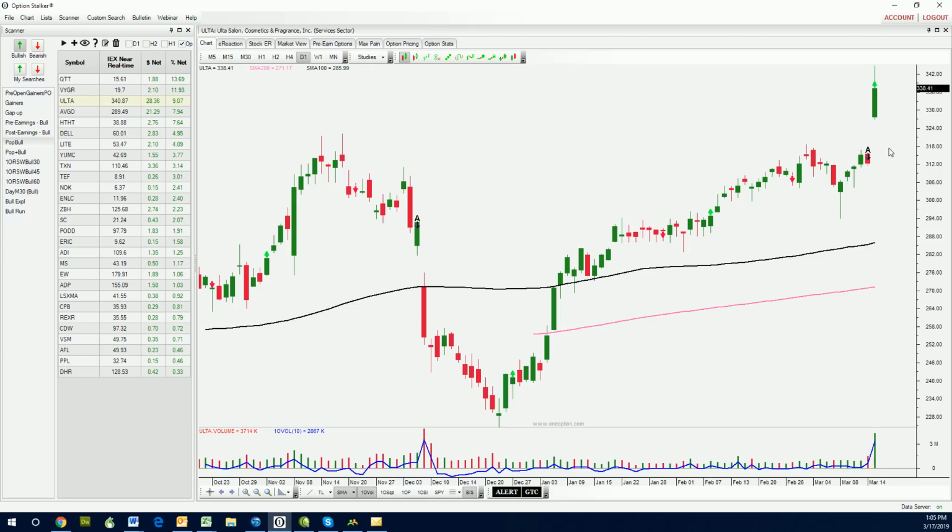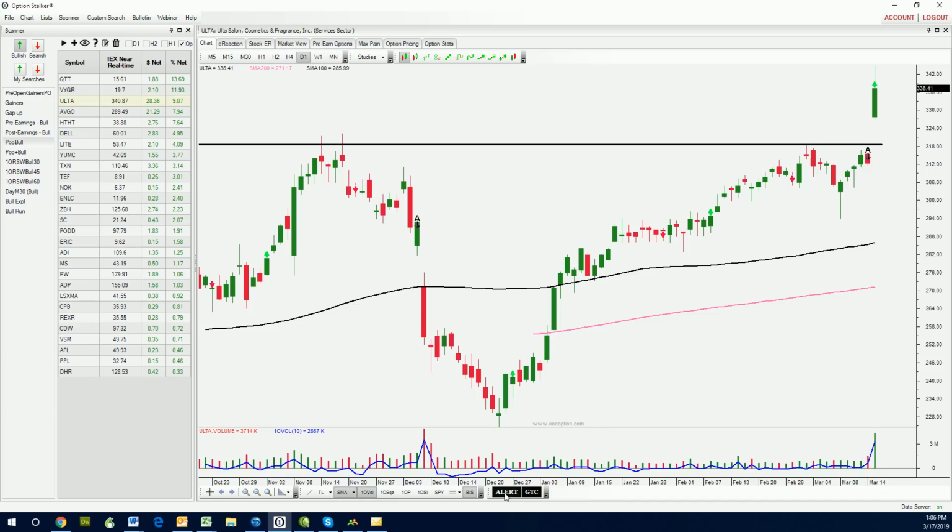We don't want it to come into the gap because then it has a chance of retracing all the way back to this breakout. So I'm going to put a GTC alert right here just above that breakout. In the event that someday the stock comes back to that level, I might be interested in buying it because if it finds support there, that next leg higher is going to be very, very good.